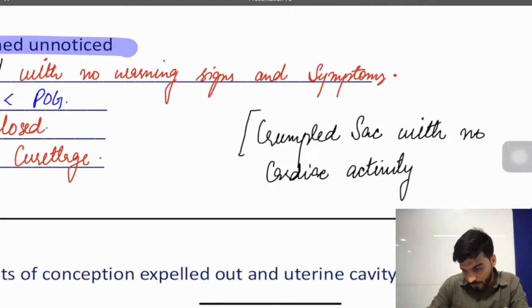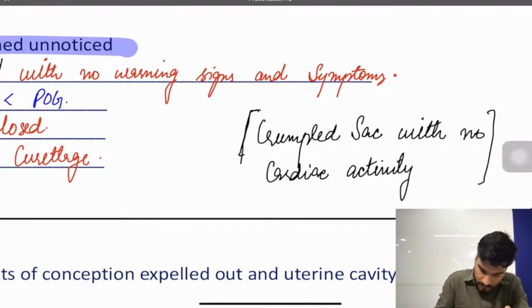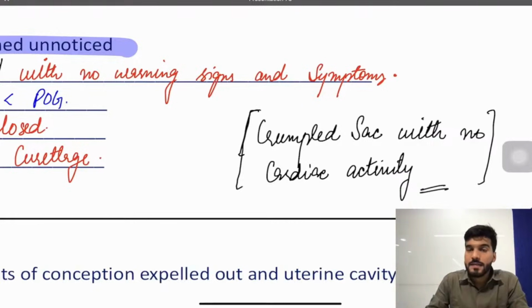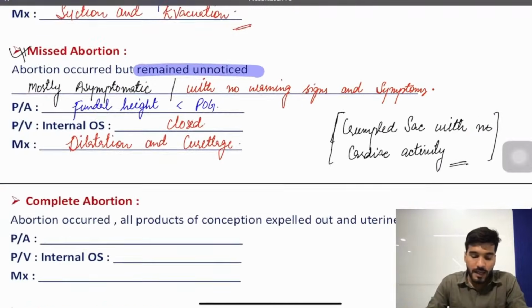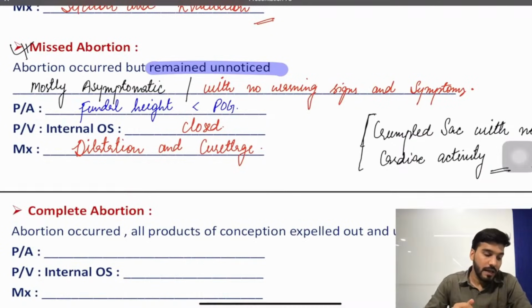The answer is missed abortion. Now os is closed, so we'll go for dilatation and curettage. Is that clear? It's a crumpled sac. That's why the fundal height is not equal to or more than the period of gestation. It's not going beyond that stage.